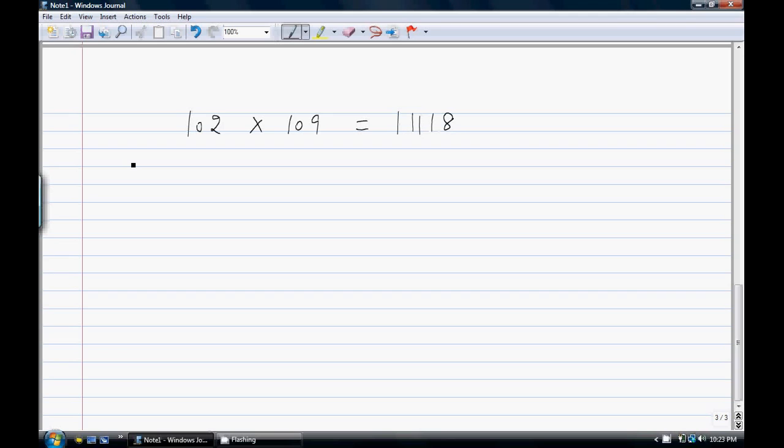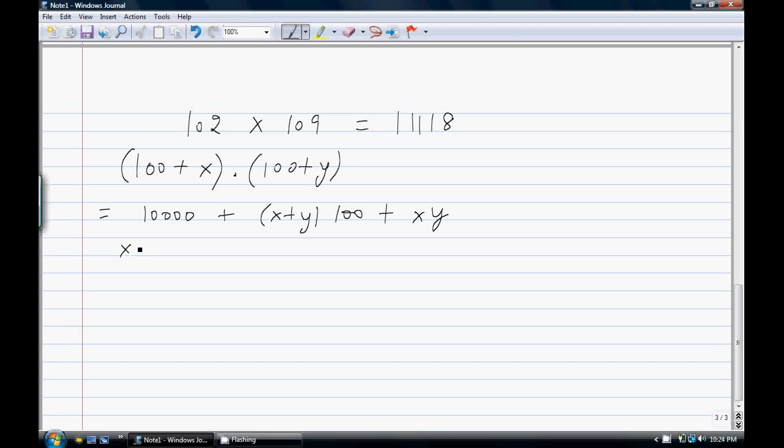So how did I come up with this formula? Suppose I have 100 plus x and I want to multiply it by 100 plus y. If I solve this, I will have 10,000 plus x plus y into 100 plus xy.